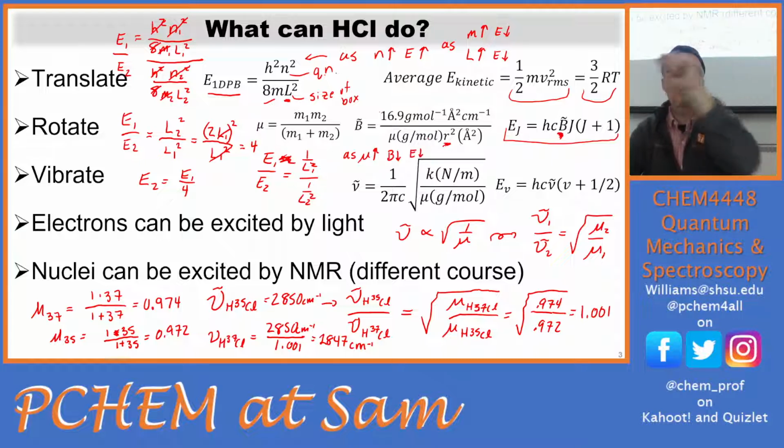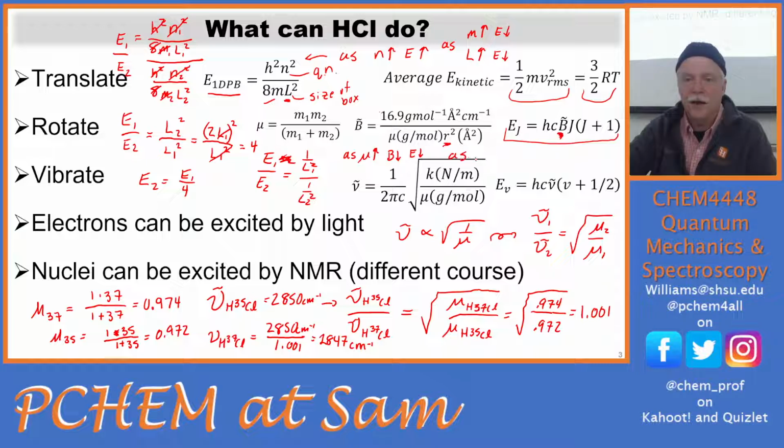You see how they're connected? Through B, we get to the energies. Same kind of thing. As mass goes up, energy goes down. As R goes up, what happens to B? It goes down by R squared even, and then energy goes down.